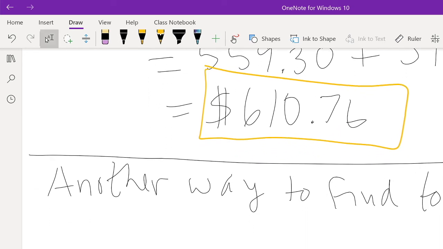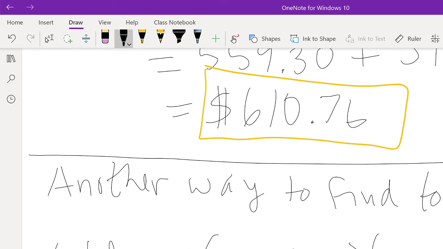What we're going to do here is do this in one step. The way I'm going to do that is we're going to take total price, and I'll start with the cost of my TV.